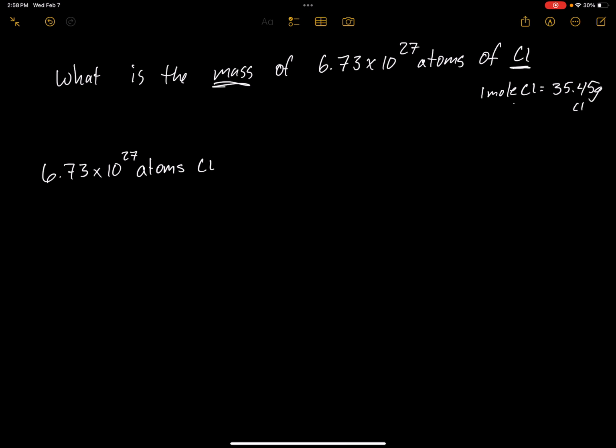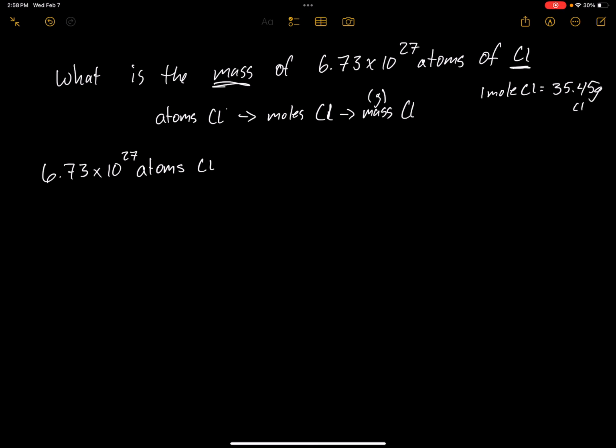But this goes from a mole to the mass. But I have up here listed in atoms, right? So what I need to do is figure out a way to go from atoms of chlorine to moles of chlorine, then finally to the mass of chlorine, which will be in grams. Just like that. So going from atoms to moles to mass.